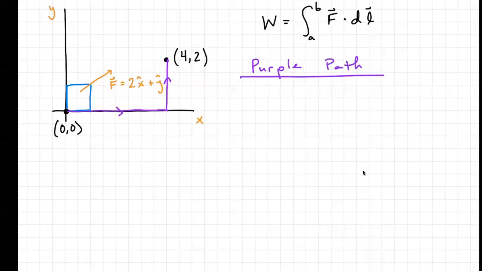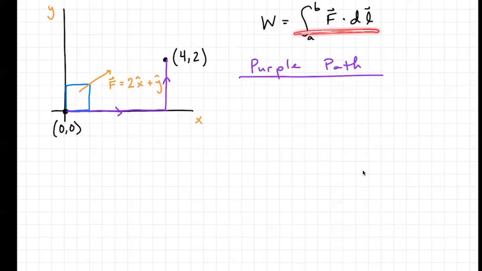Okay, so what we want to do is calculate the work. We've got this expression to start with. And what we want to figure out first is, what is even dl? What does dl represent here? Well, dl represents a little bit of the path. So our path is really in two parts. We've got a horizontal part and a vertical part. Along the horizontal part, the dl always points horizontally.